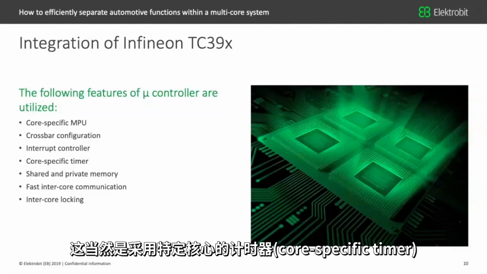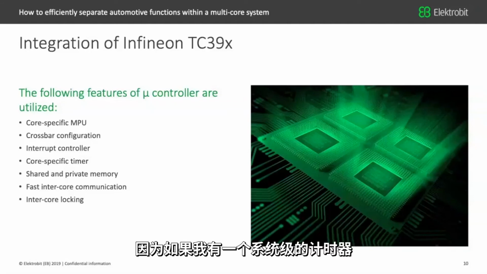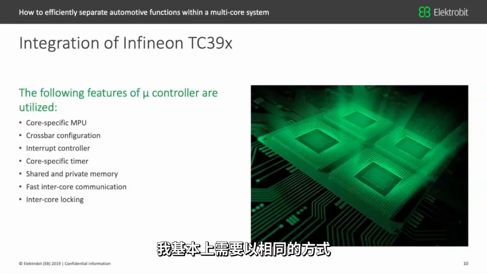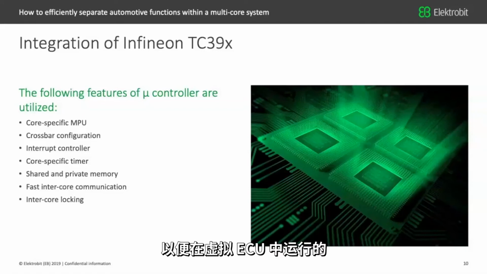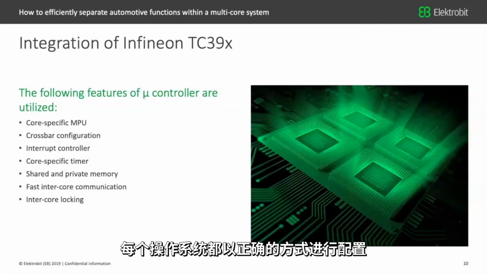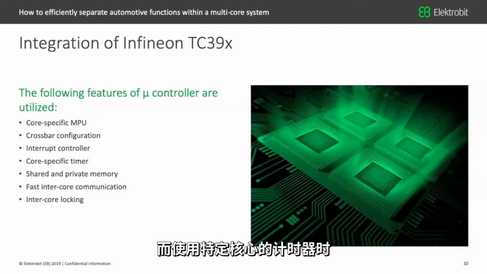If I had a system-wide timer, I would need to take care of this for each virtual ECU in the same fashion, so that each OS running in a virtual ECU is set up in the correct way. With the core-specific timers, I do not need to care as much, right? I need to keep it consistent within one partition.